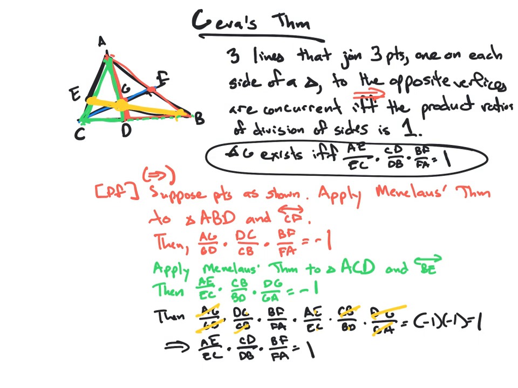So it turns out that one direction we've shown so far is that if they're concurrent, then the product is equal to 1. Now, how do you prove the other direction? Well, you just go from here.